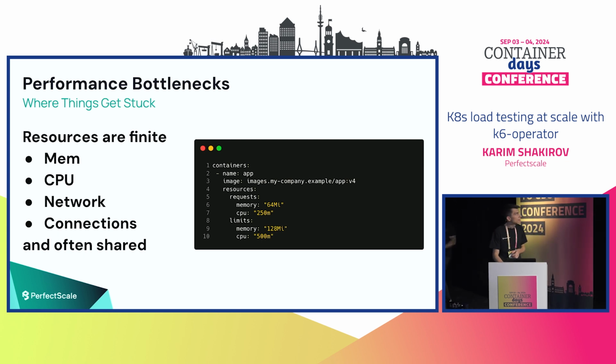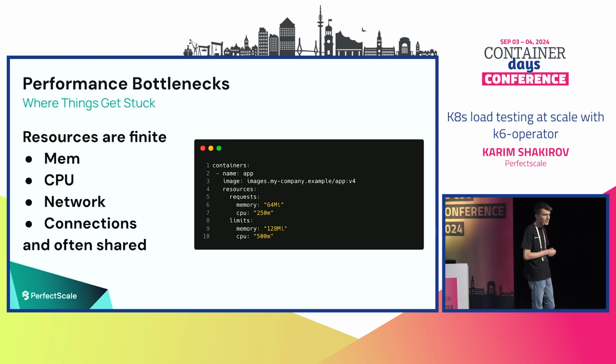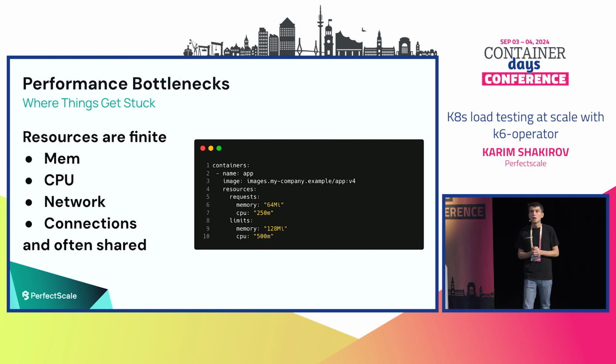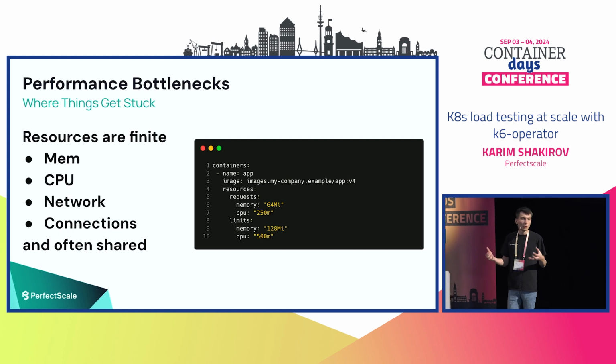But what makes sense here is that when you load test your application now, you allocate resources to it. For example, as we see here, we requested 64 megabytes of RAM and 250 millicores of CPU, and set some limits, and our application is working. We synthetically have some bunch of load here.